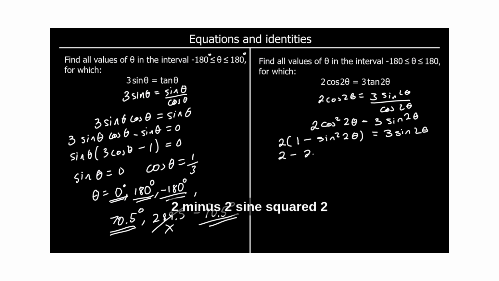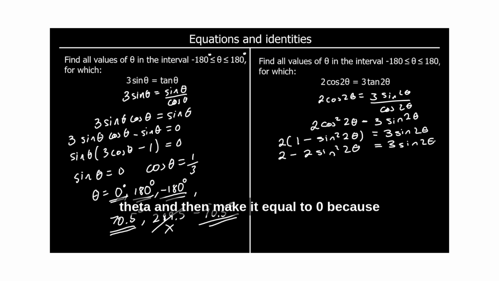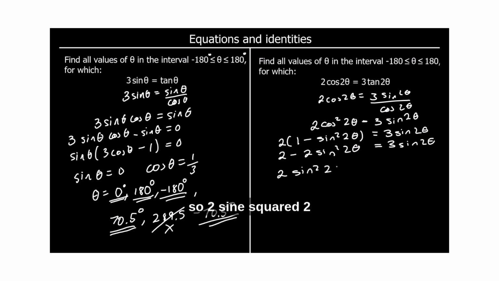So that's 2 minus 2 sine squared 2 theta equals 3 sine 2 theta. And then make it equal to 0 because it's a quadratic. I'm bringing everything to the right side. So 2 sine squared 2 theta plus 3 sine 2 theta minus 2 equals 0.